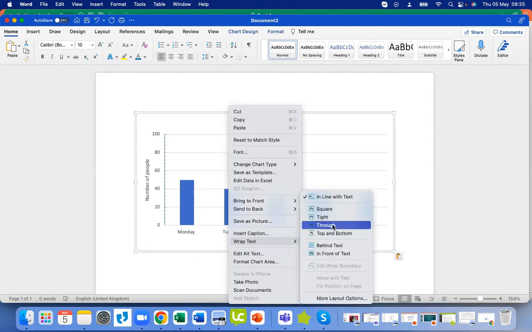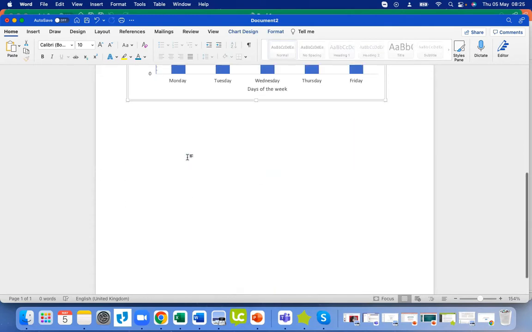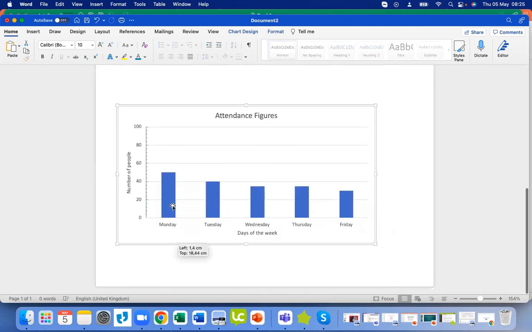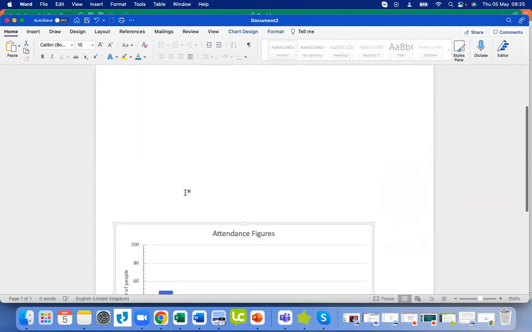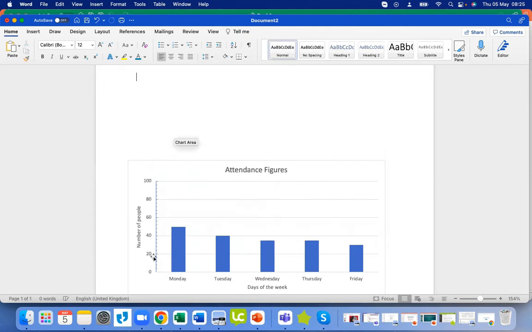Why do I wrap it tightly? Because I want to be able to move this graph anywhere in my document with ease, because obviously this is a different question number, like question 3 or question 4, etc. If we wrap it tightly, we can move it around with ease and we can write anywhere else in the document. Does that answer your question, Nobushle?